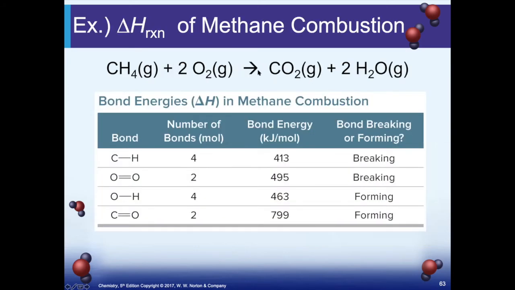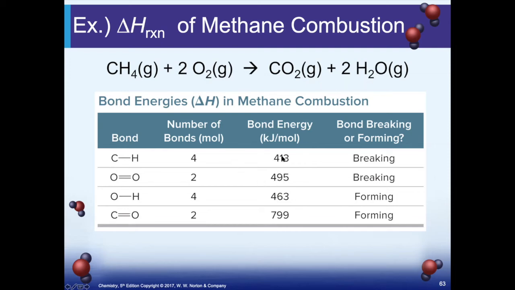Okay, so for example, let's say that I have this reaction right here. This is the combustion of methane. So CH4, methane. If I'm going to burn it, it requires 2 oxygen molecules, 2O2, or 2 moles of oxygen. So a mole of this requires 2 moles of this, or I can think of it just on the molecular level. A molecule of this requires 2 molecules of this, and it produces 1 molecule of CO2, carbon dioxide, and 2 molecules of water.